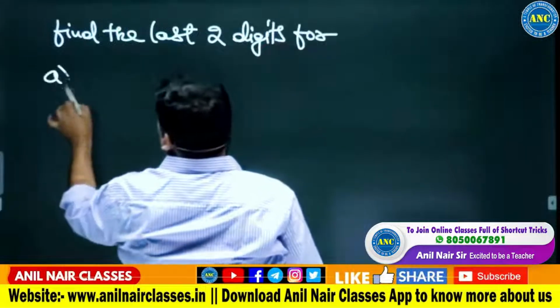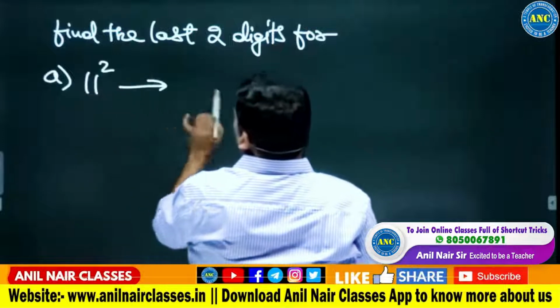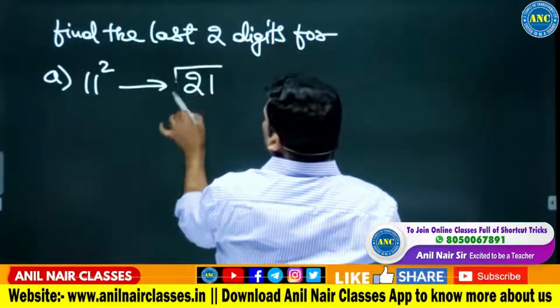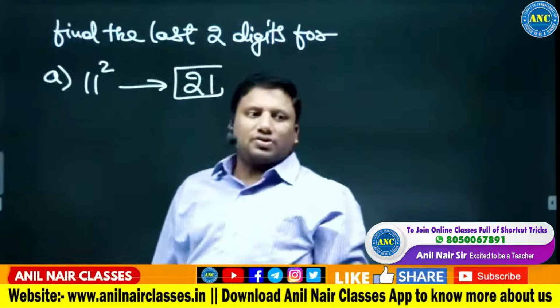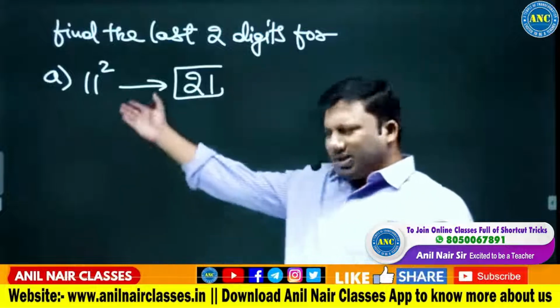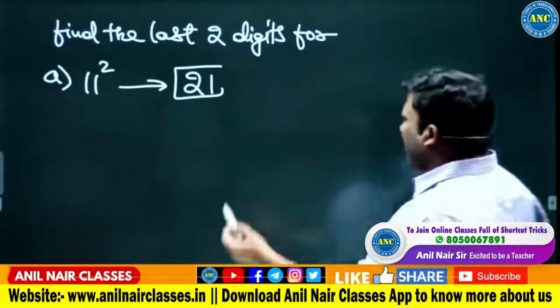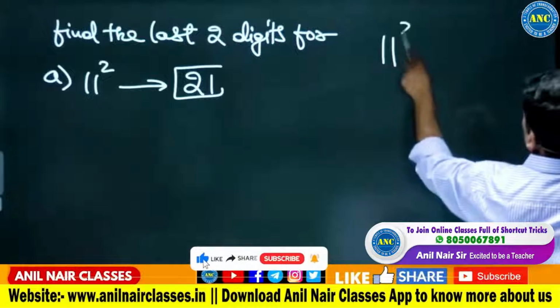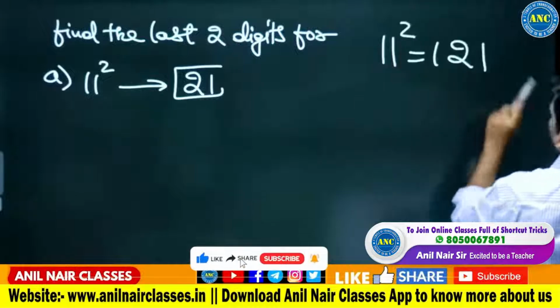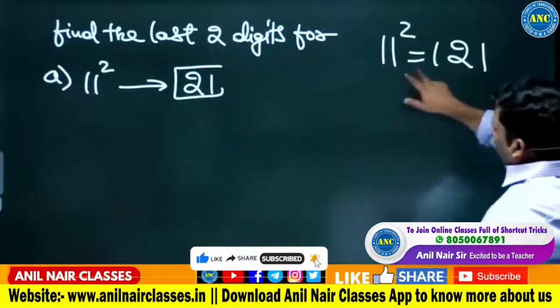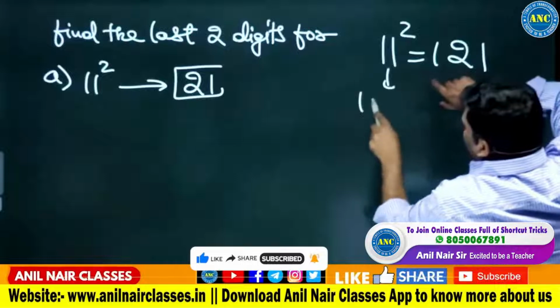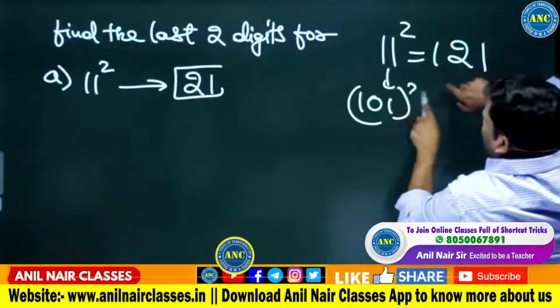First question, 11 square. 11 square is 121. See, when I write these 11, it's a magical number. 11 square is 121. Am I right? Between 2 digits, I am keeping a 0. 101 square.